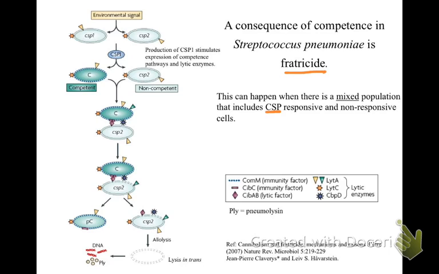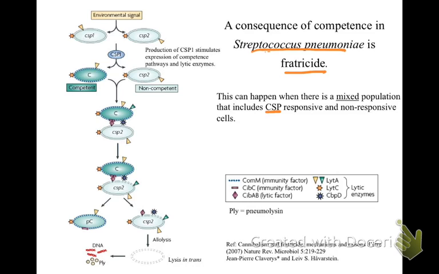This happens when we've got 2 different strains, for example, in this case of Streptococcus pneumoniae, that are in a population, and they have different types of CSPs. Many of these CSPs, these quorum sensing molecules, are produced in response to some environmental signal. In many cases, it's nutrient down regulation, so there's a decrease in nutrients.